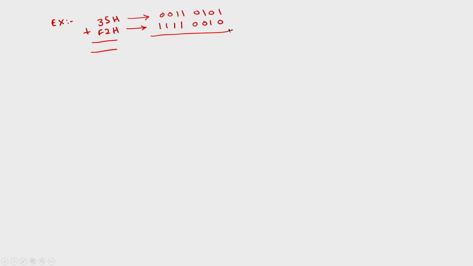If you want to perform this addition, this is 8-bit addition. So, if I add, 1 plus 0 is 1, 0 plus 1 is 1, 1 plus 0 is 1, 0 plus 0 is 0, 1 plus 1 is 0 with carry 1, 1 plus 1 plus 1 is 1 with carry 1, 1 plus 1 is 10, 1 plus 1 plus 1 is 11.